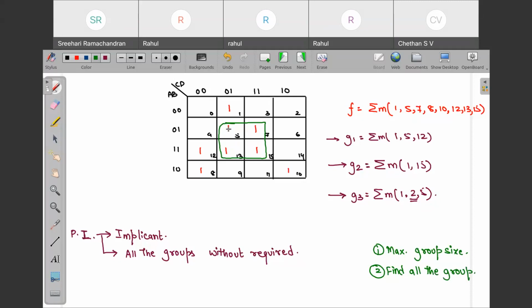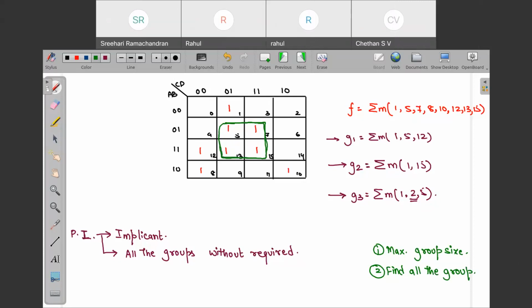Look over here. So I have one group of 4 like this. Now I can make a group of 2 like this. Another I can make like this. Another like this. And one more like this.